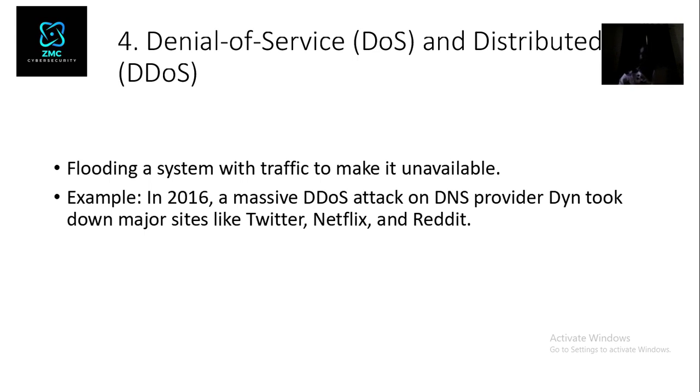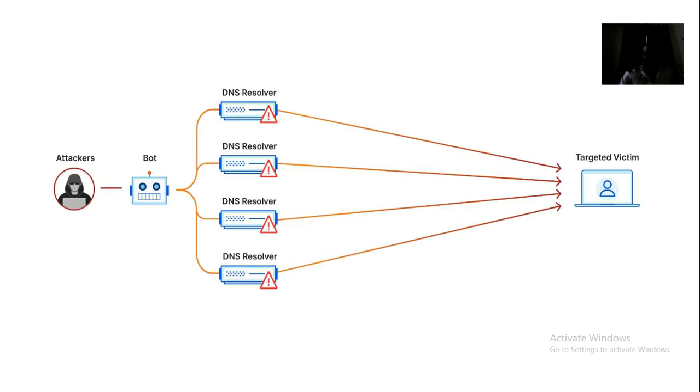An example was in 2016 where a massive DDoS attack on the DNS provider Dyn took down major sites like Twitter, Netflix, and Reddit. So you can see how powerful that attack is and why we need to be careful and be aware of the tricks behind it. This is a graphical explanation from the attackers down to the targeted victim and how it's done.